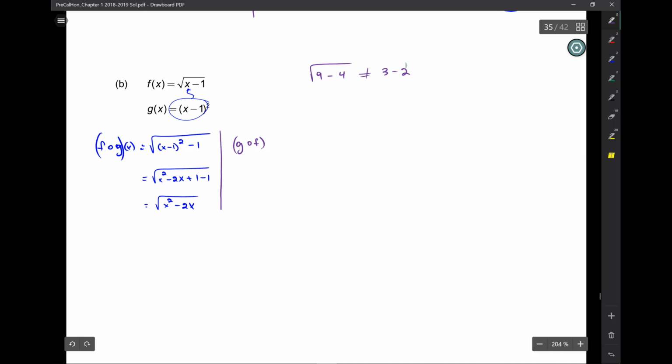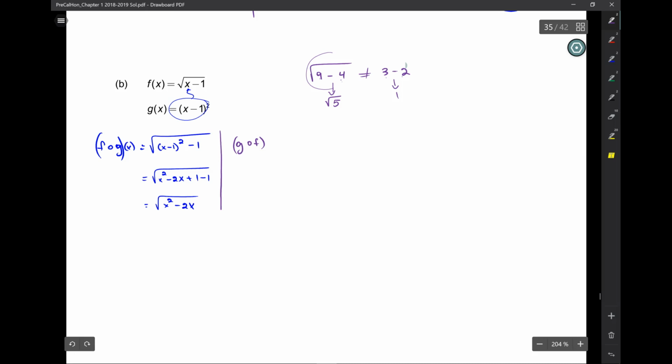You can't just take the square root of the 9 and the square root of the 4. What is the square root of 9 minus 4? It's the square root of 5. But if you just took their square roots and did 3 minus 2, you get a 1. So those two are not the same. So just like here, you have to simplify it out.